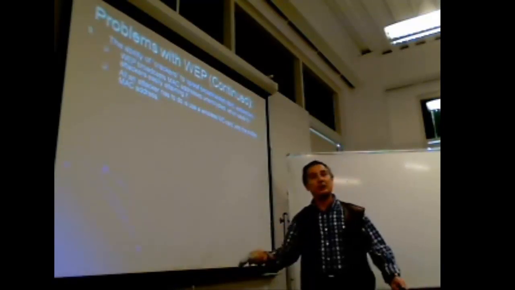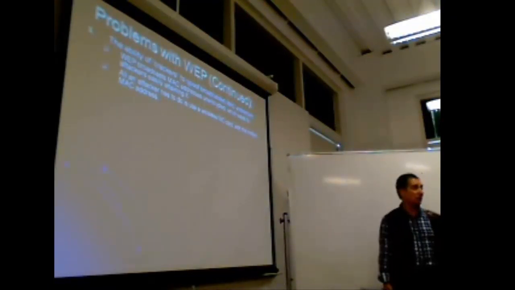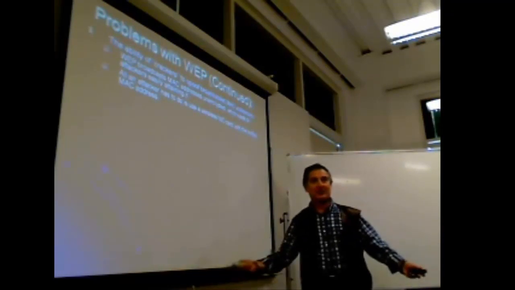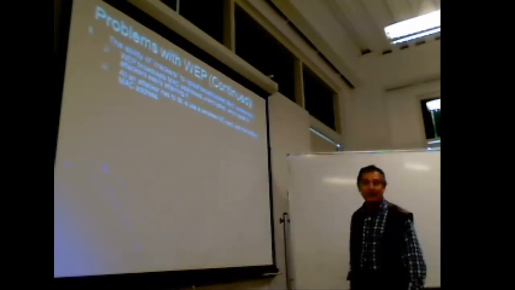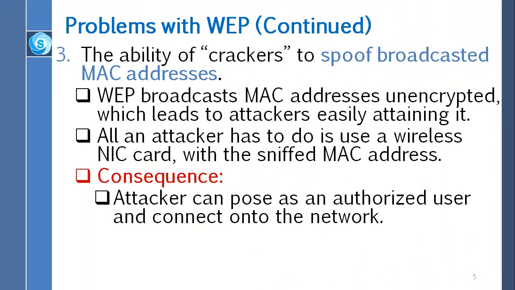How are you going to impersonate their identity? Over here, it says that it is possible. My question is, how is it possible? How can this thing be done? Go ahead and check it. Consequences: an attacker can pose as an unauthorized user and connect onto the network. So in other words, it's going to impersonate the identity of someone else, basically.